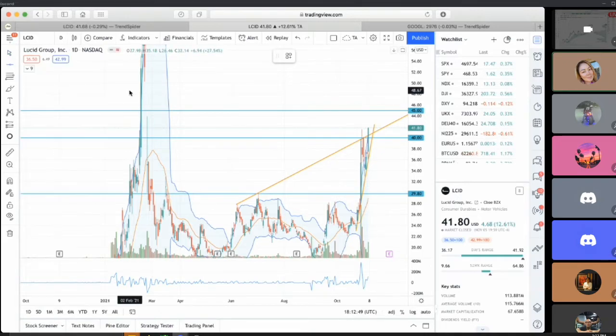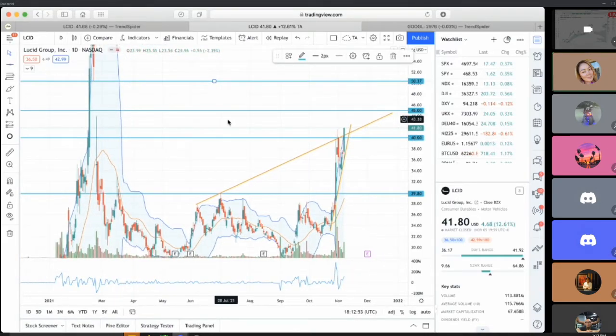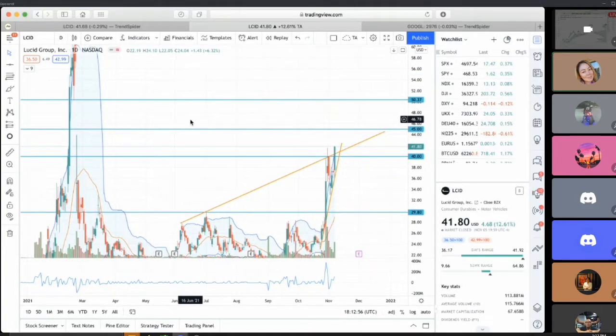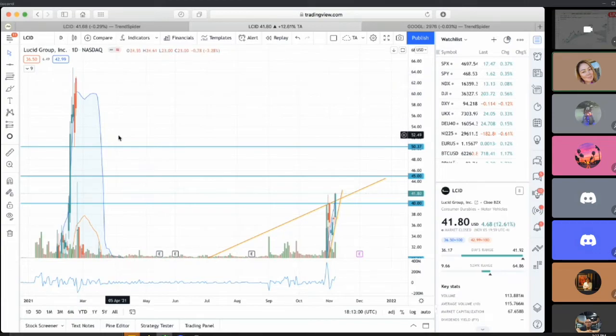Okay, horizontal line right there. 50 will fill the gap. That was the support before it went to its all-time high. So that makes sense. It's going to fill the gap when it hits 50. Okay, cool. So that will be a good resistance.